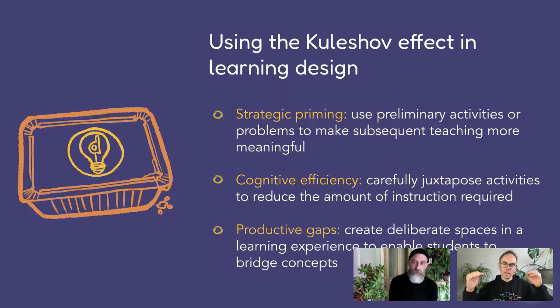So thinking about how you might juxtapose activities and leave space to reduce the amount of teaching is really important. And this idea of creating gaps in an experience where students can say, I don't know that now, but if I think about where I am and what this next experience is, then I can fill that gap with my own energy, my own momentum, by mobilizing the skills or information that I've learned. So the gap is just as important as the moment of instruction. I think that's really powerful.